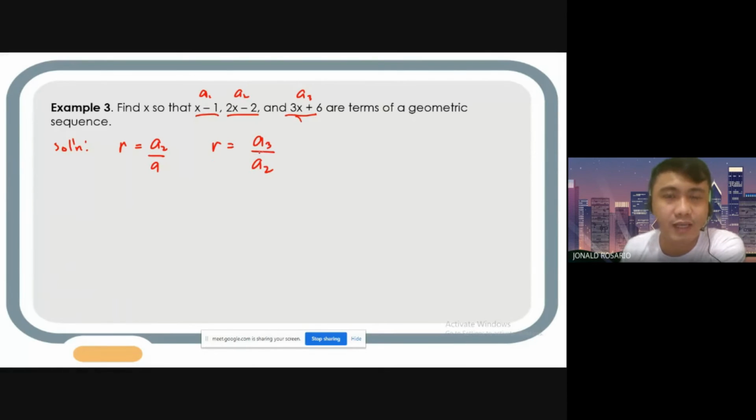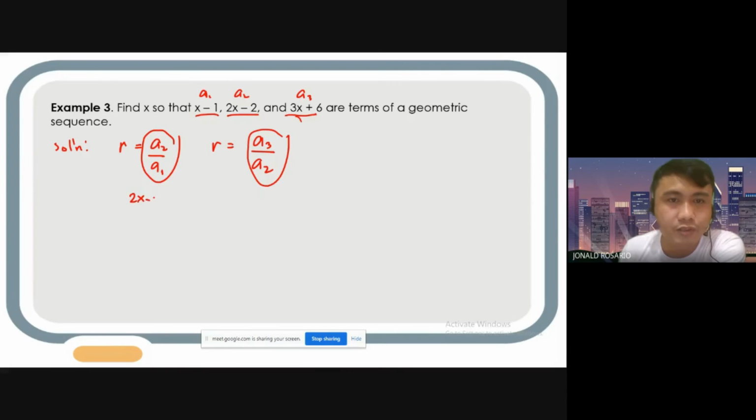Parehas sila. Okay? So ibig sabihin, we can equate these two rational expressions. So we can start in this one.